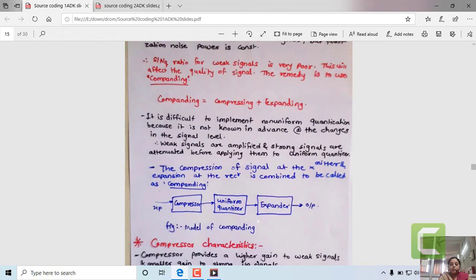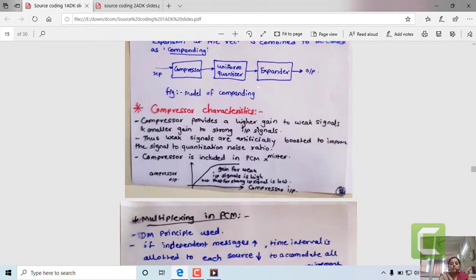Now, one by one, we are going to observe the characteristics of the compressor and expander blocks. The compressor provides higher gain to weak signals and smaller gain to strong input signals. Thus, by using the compressor, weak signals are artificially boosted to improve the signal to quantization noise ratio.